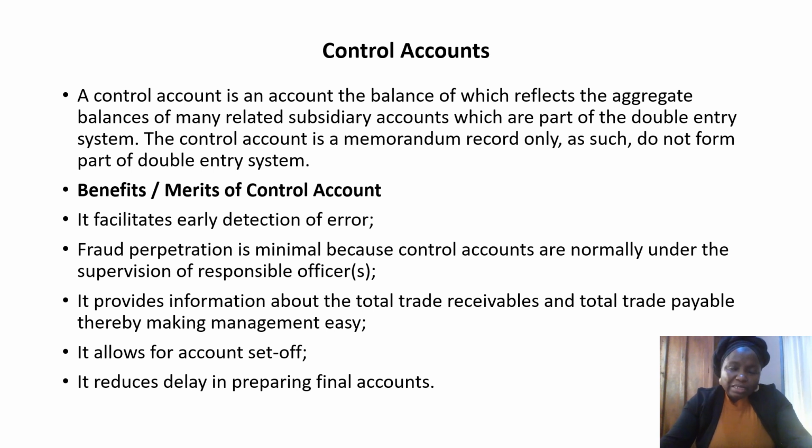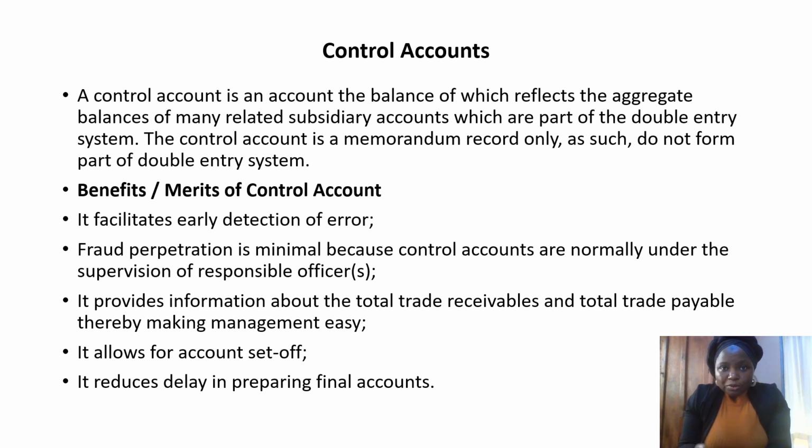For instance, let's say we have sales ledger control accounts. From that sales ledger control account, we should be able to see the total sales in entirety for an accounting period. That's the meaning of aggregate. So all other sub records that make up the content have to be considered as well.